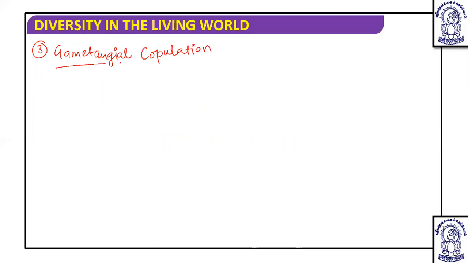In this gametangial copulation, dear student, there are two hyphae, and these hyphae develop some swelling structures.